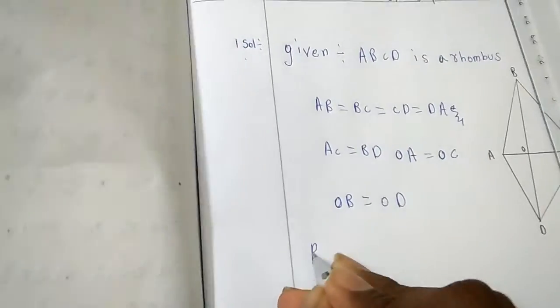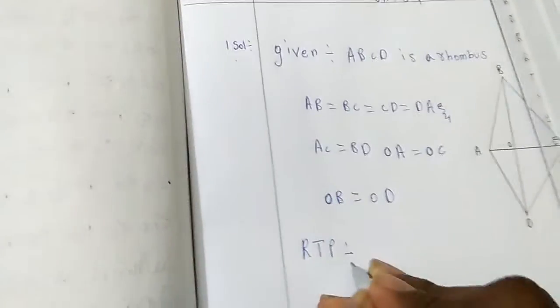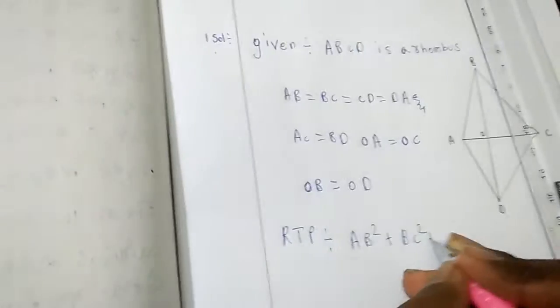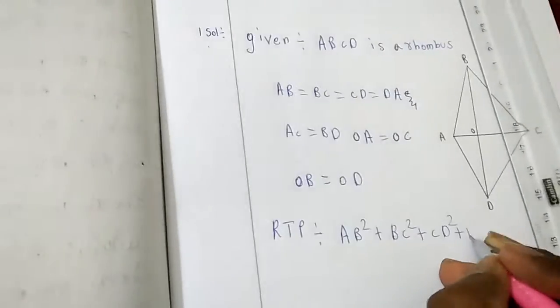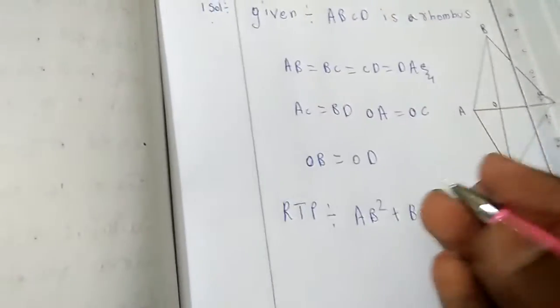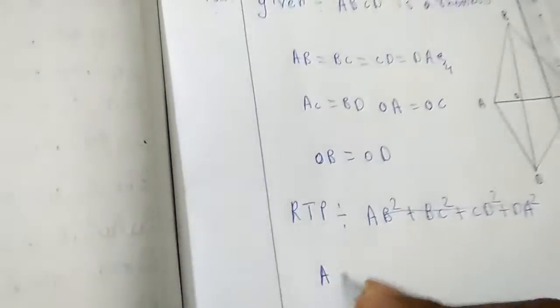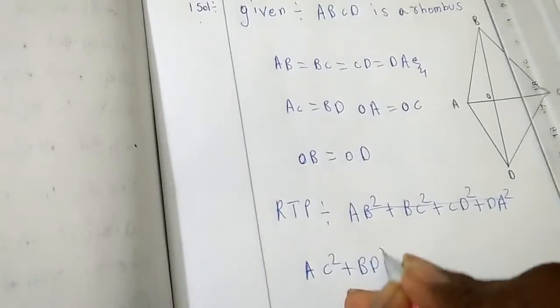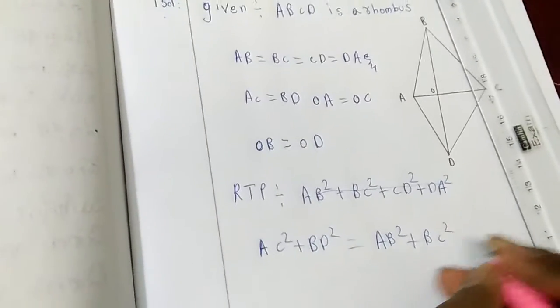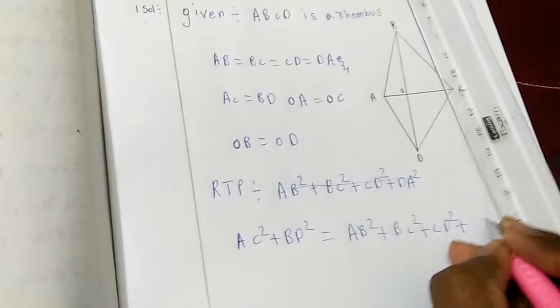Now required to prove: AC square plus BD square is equal to AB square plus BC square plus CD square plus DA square.